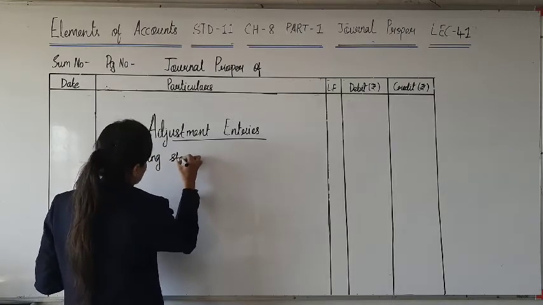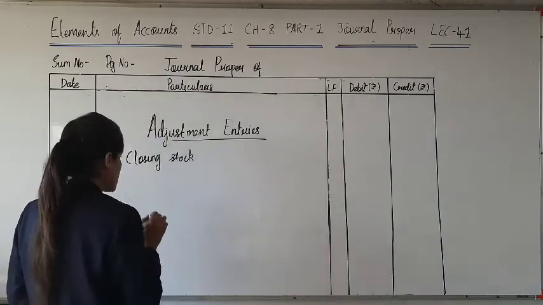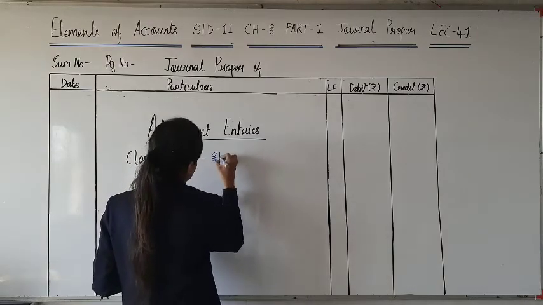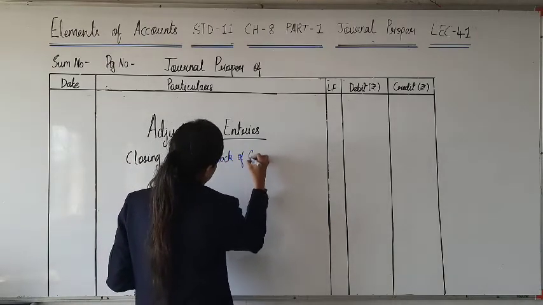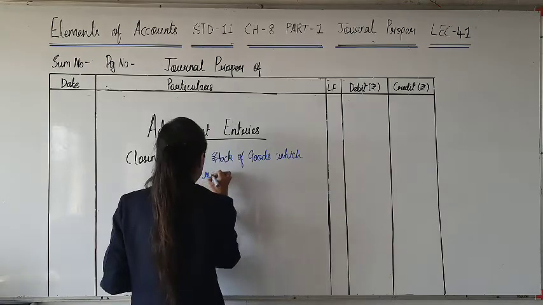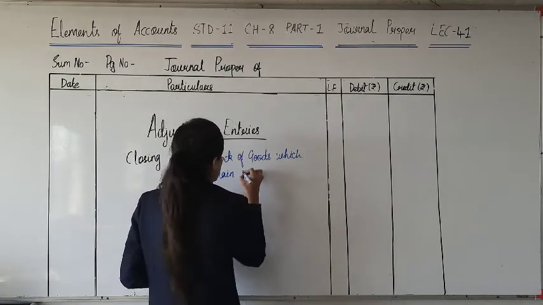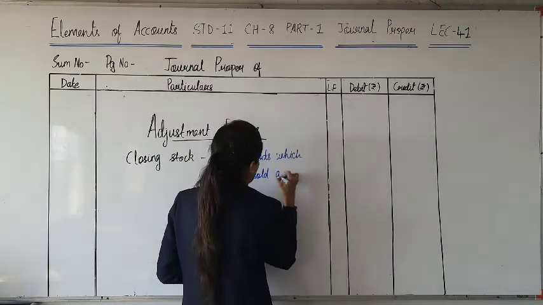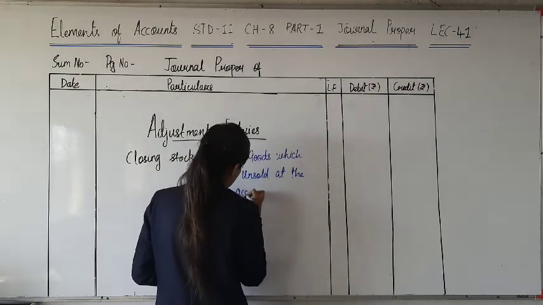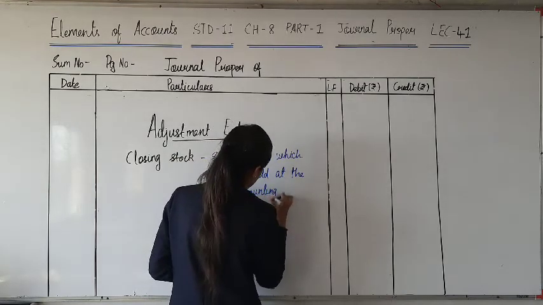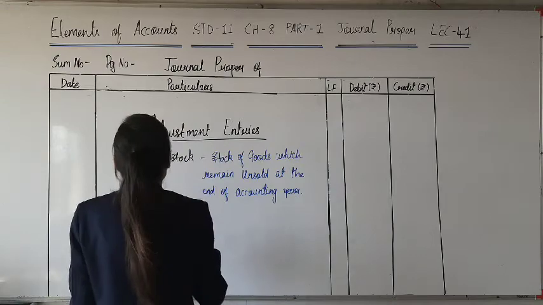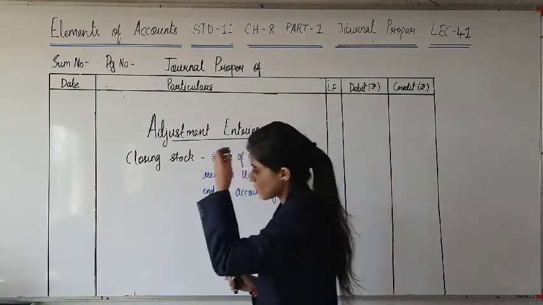Closing stock, this is the stock of goods which remain unsold at the end of accounting year. We have understood this definition in chapter 1 of closing stock.